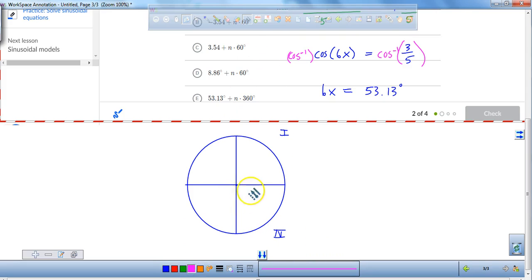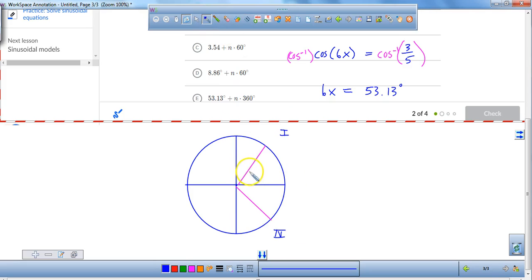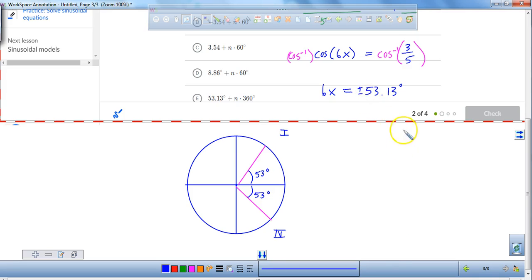So if I wanted to make a 53-degree angle, I could make a 53-degree angle right here, and my x value is positive. And I could also make a 53-degree angle right here. But we call this positive 53 degrees. From here to here, we call it negative. So right now, I'm going to say this could be plus or minus 53.13 degrees.